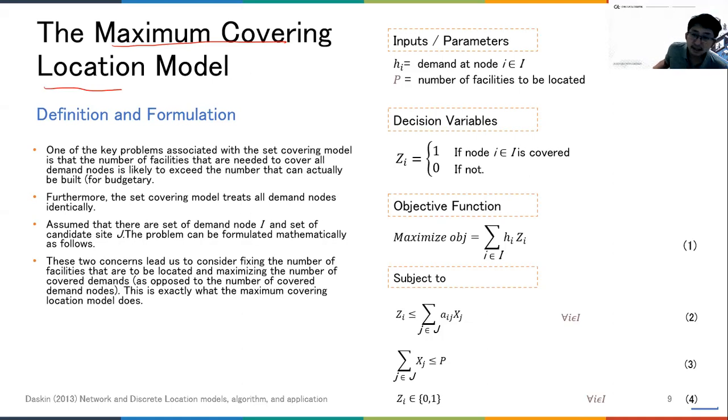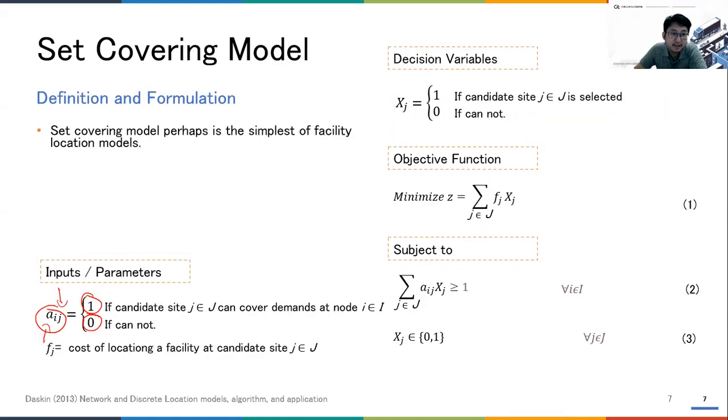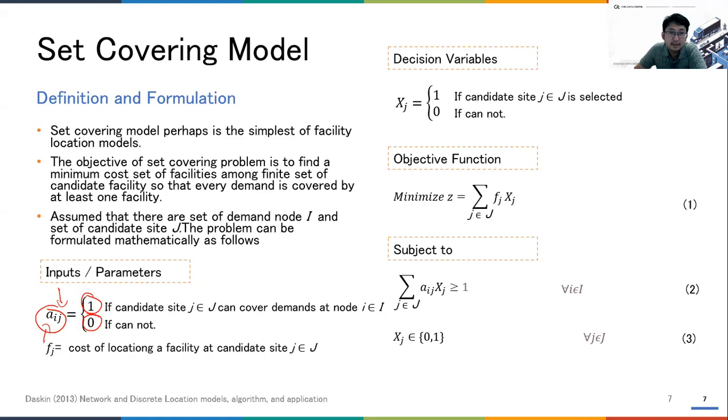Okay, and this particular model is only slightly different from the set covering location. But some of the notation is still the same. We still have the Aij, we still have the fixed cost, and X still represents the same things.